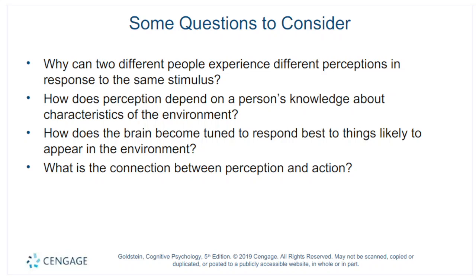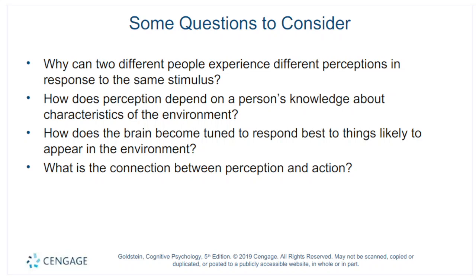These are some of the questions to consider in today's discussion. First off, why can two people experience different perceptions in response to the same stimulus? Next, how does perception depend on a person's knowledge about the characteristics of the environment?